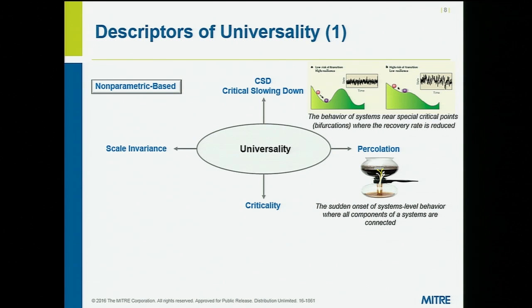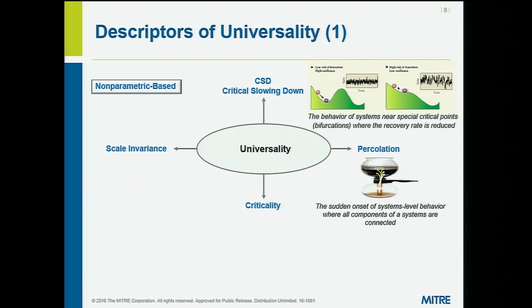Another interesting thing is what's called percolation. Percolation is the sudden onset of system-level behavior where all the components of a system become connected. This is very interesting because it has a lot of ramifications in terms of the spread of, say, forest fires. Depending upon how many trees in a forest are dried out due to lack of rain, you would think that as you had more dry trees, you would have a gradual increase in the fire danger within a given area.